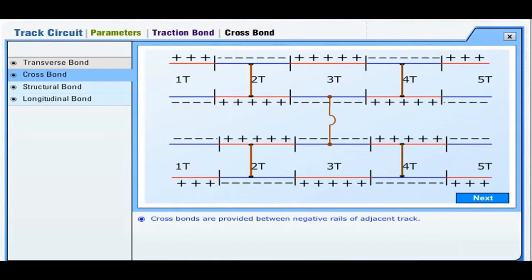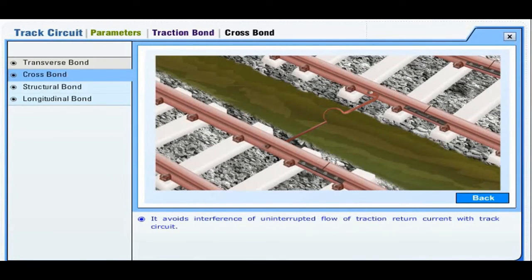Cross bond. Cross bonds are provided between negative rails of adjacent track. It avoids interference of uninterrupted flow of traction return current with track circuit.